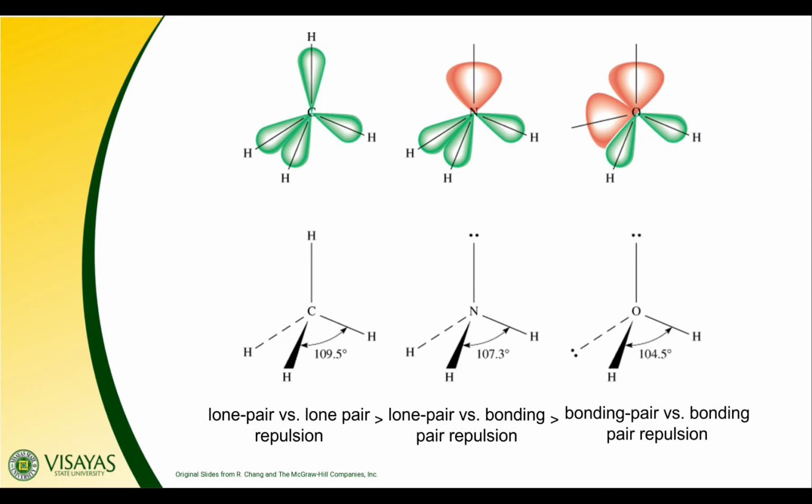Okay, so here we have lone pair versus lone pair repulsion, which is greater than the lone pair versus bonding pair repulsion, and which is also greater than the bonding pair repulsion.